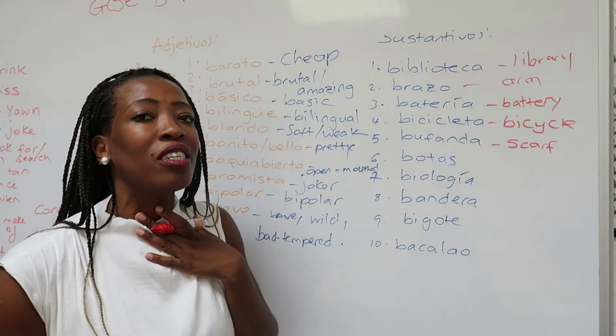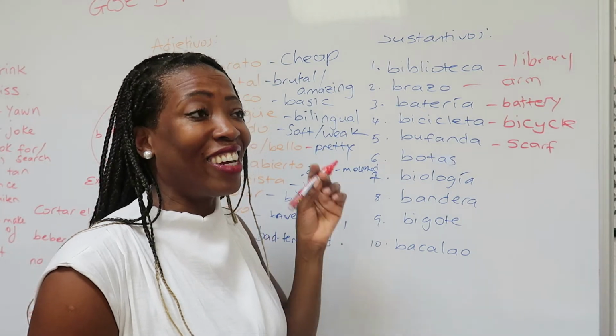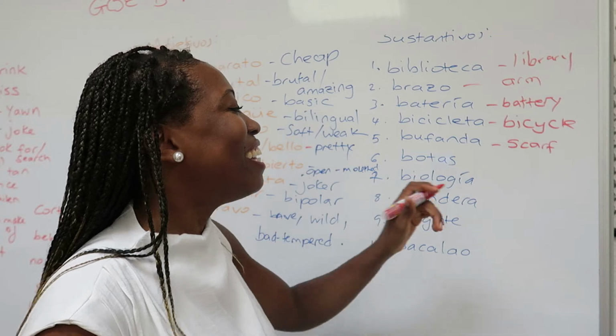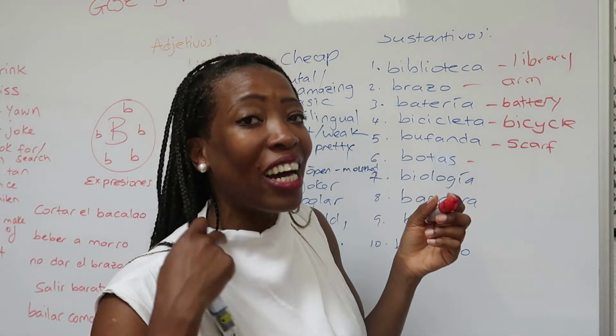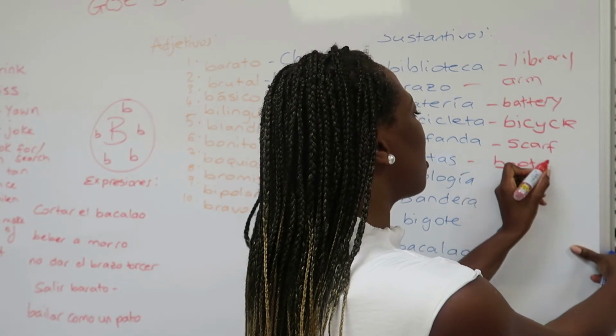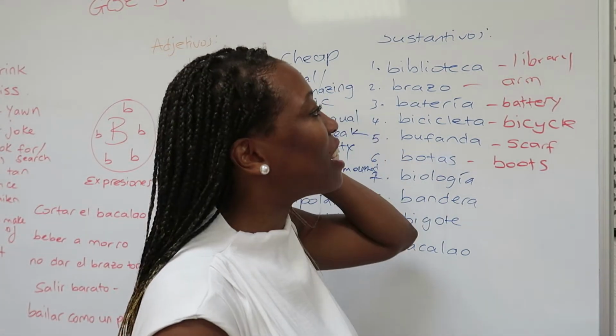En verano no llevo una bufanda, evidentemente. Okay, so in summer I do not wear a scarf. And again in the same section you would have seen botas, which is boots. This is just all revision, and I know you know most of these.